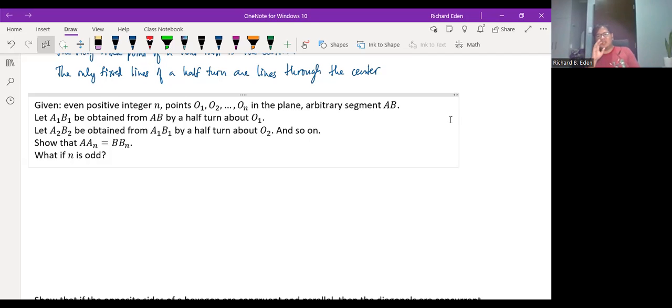So you're doing these n half turns successively, starting with AB until in the end we get the segment A sub n B sub n. Well, at any rate, we're gonna get the points A sub n and B sub n. So why would A sub n and B sub n be the same? A sub n B sub n is exactly the same as AB, yet it's been translated.